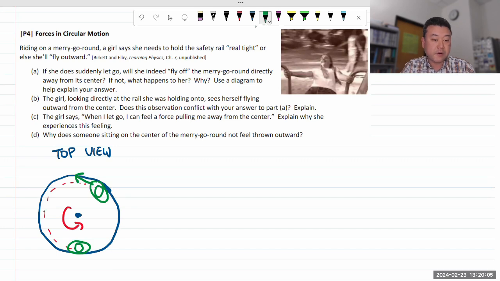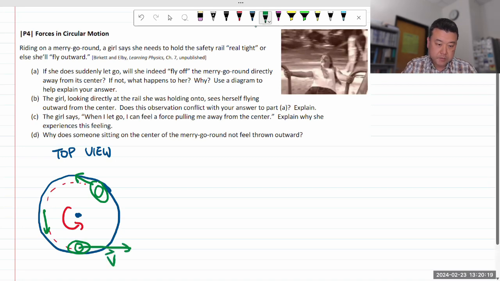And as she's moving around, the tangential velocity changes. It goes tangent to the edge of the circle. So at this point, her velocity is going straight to the right. So to the point that it's asking, if she does suddenly let go, will she indeed fly off the merry-go-round directly away from its center? Okay.